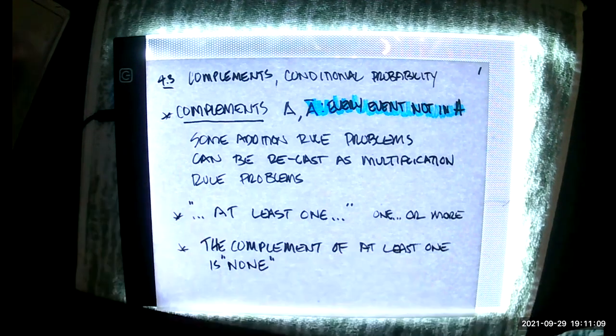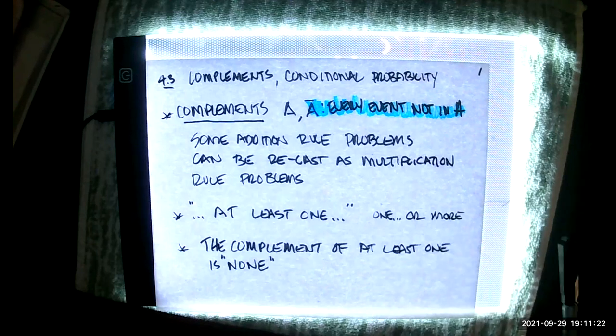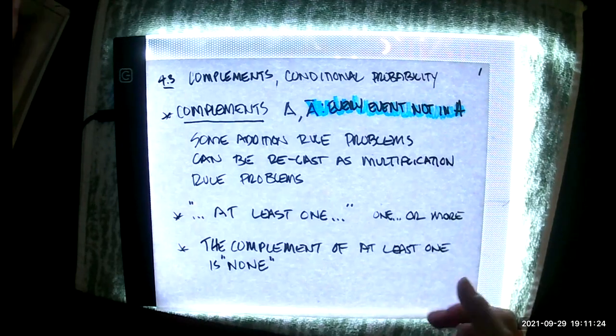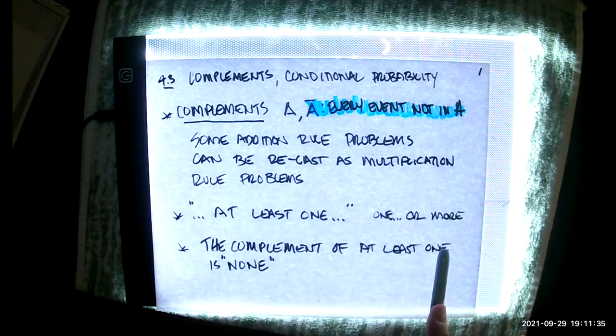Now, we are going to be looking at problems that talk about the probability of at least one occurrence of some particular event. That is to mean one or more outcomes is observed for a particular suite of observations. It's also important to realize that we will be working with the complement of at least one.